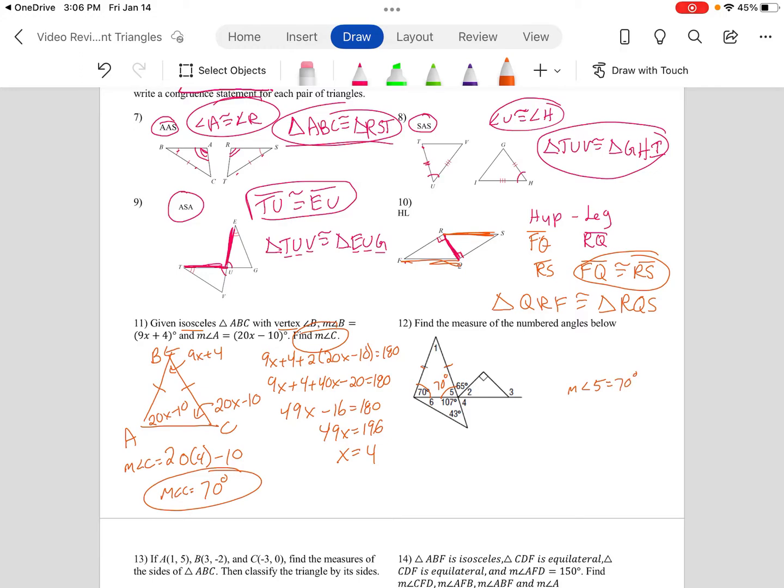I also know that the three angles in a triangle add to 180, so I know that 70 plus 70 plus the measure of angle 1 is equal to 180. So the measure of angle 1 has to be 40 degrees. I'll put that up here.